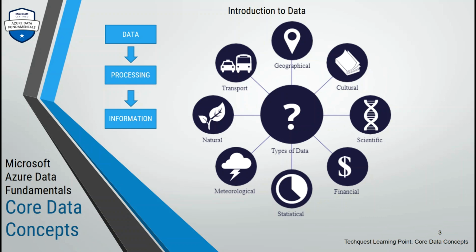In other words, data is a collection of facts such as numbers, words, measurements, observations, or just descriptions of things. There are two types of data. One is qualitative and the other is quantitative data. Qualitative data is descriptive information that can describe something, and quantitative data is numerical information.